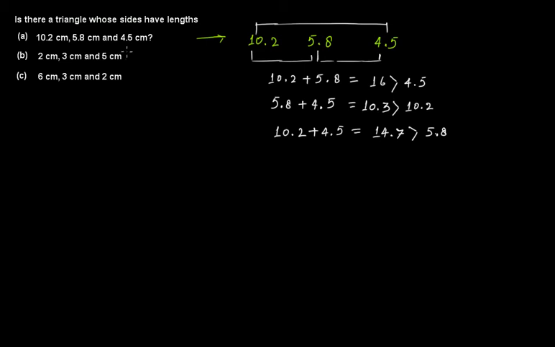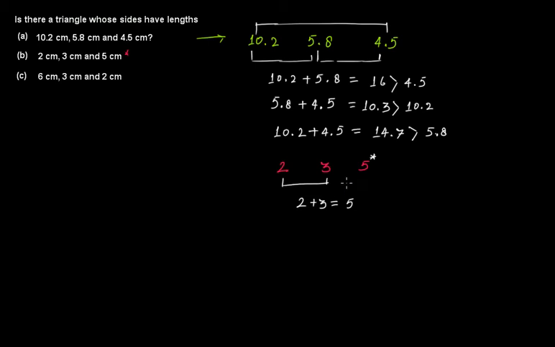Let's solve for this one. So you have 2, 3 and 5. First add these two. 2 plus 3 is equal to 5, and this is exactly equal to the third side.